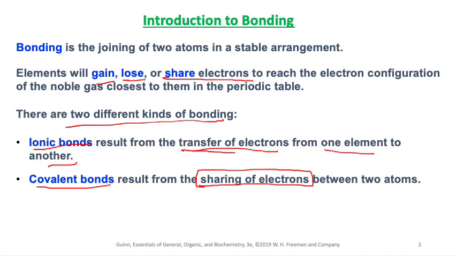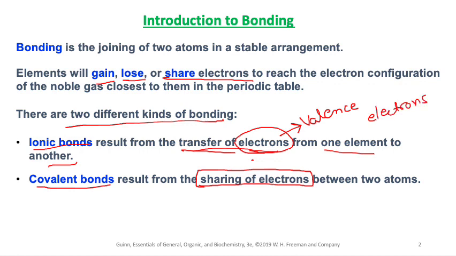Now the question is, we have electrons coming into the picture here. Which kind of electrons do atoms normally use to form this kind of bond, whether it's ionic or covalent? The electrons that we are learning about in this particular definition are valence electrons.